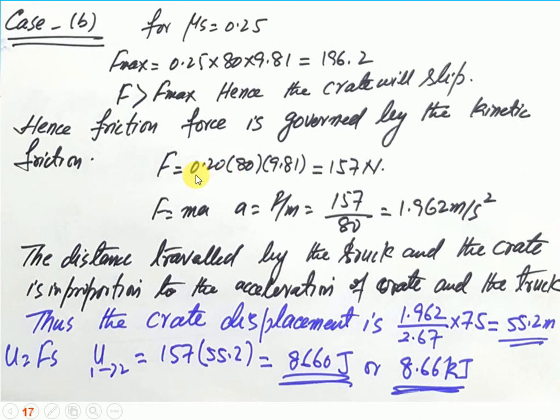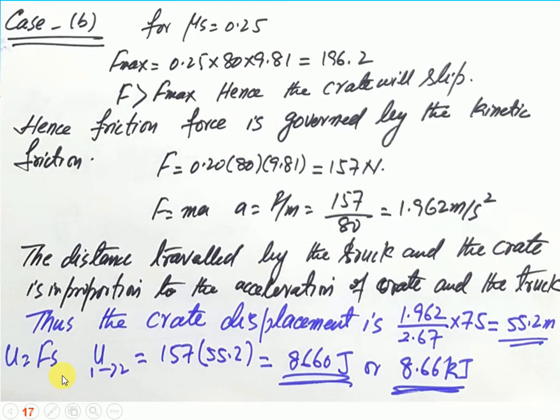Dear students, you must take care. This is mu k because now the things are moving. Now we use the coefficient of kinetic friction, and the coefficient of kinetic friction is always less than the coefficient of static friction. The distance traveled by the truck and the crate is in proportion to their accelerations. The truck is moving with 2.67 and the crate with 1.962, so I take the ratio 1.96 to 2.67 multiplied by the total distance of 75, and the distance traveled by the crate is 55.2 meter.